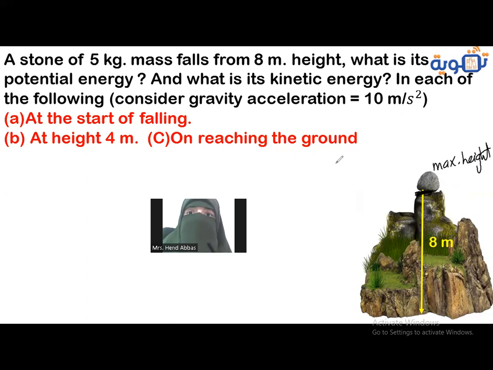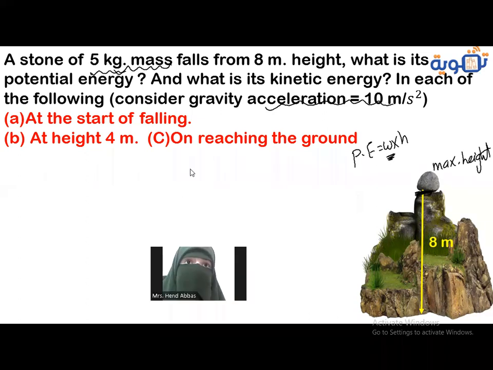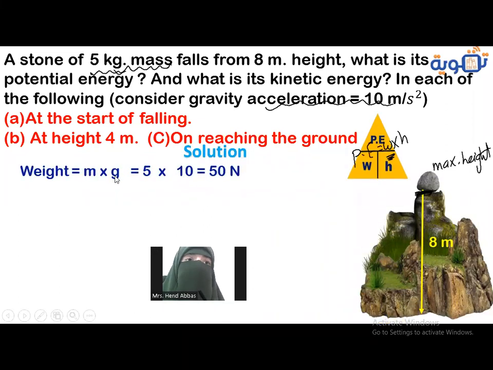Let's calculate the potential energy. Potential energy equals weight times the height. But we don't have the weight, we have the mass. So you have to multiply the mass by the acceleration due to gravity to get the weight. So the weight equals mass times gravitational acceleration, which equals 50 newtons.